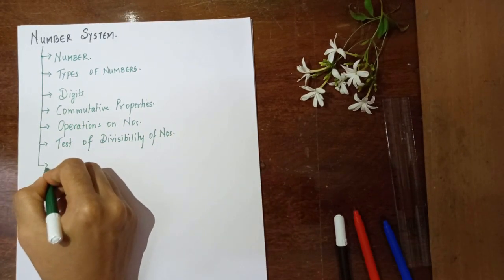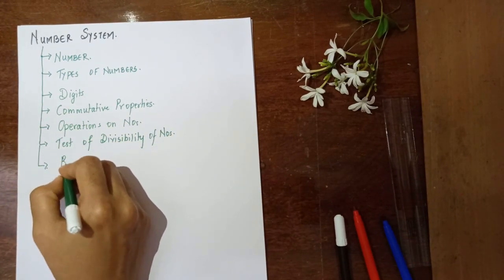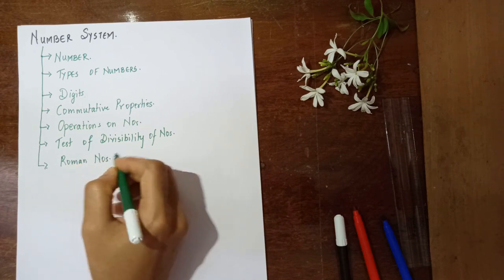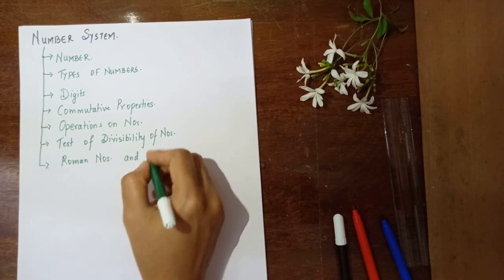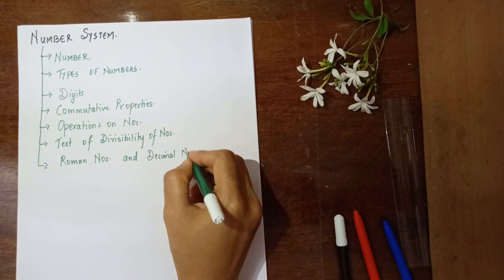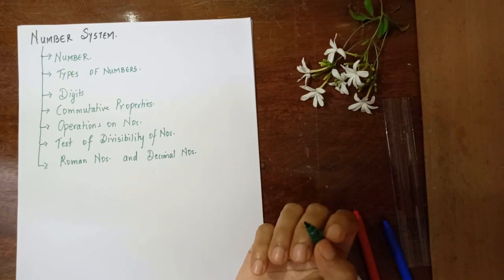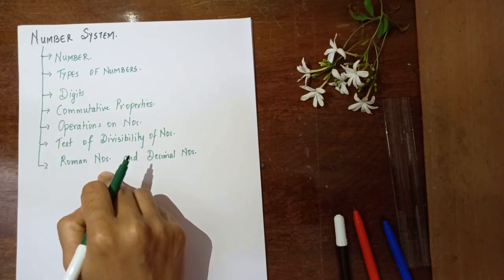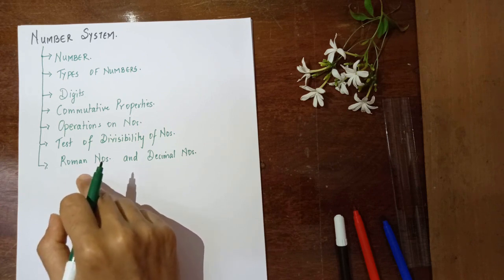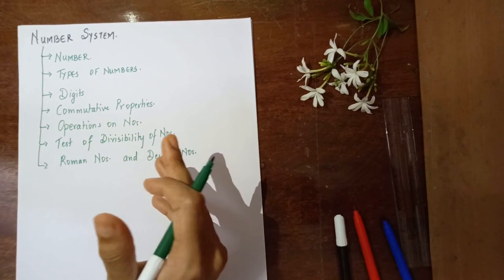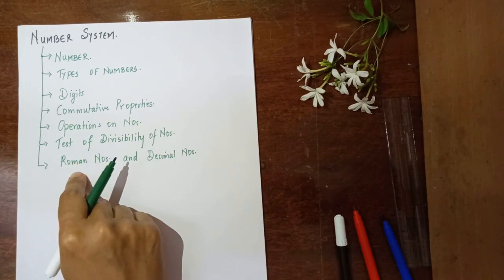Then the last topic is going to be the Roman numbers and decimal numbers. Now, when we say Roman numbers and decimal numbers, you may feel that there is a small topic, but no, Roman numbers are just well known till 20, and beyond that there are different alphabets which are used to denote Roman numbers.